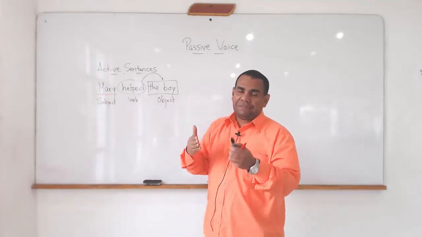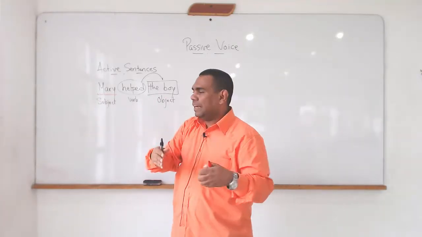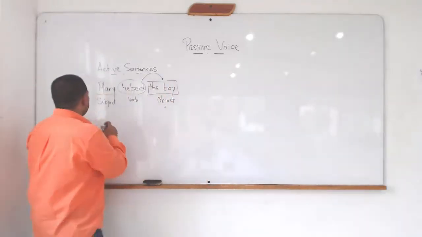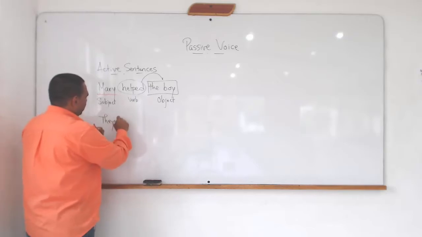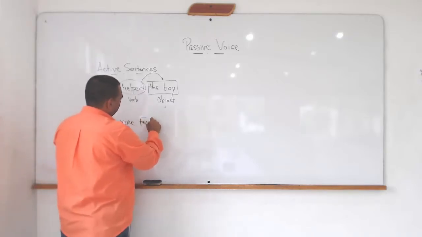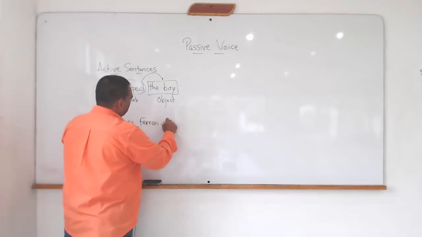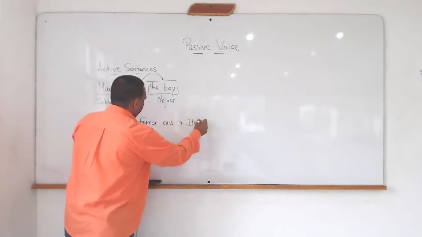So those are active sentences. I'm going to give you another example for you to see extended what we have explained. For example, they made Ferrari cars in Italy.